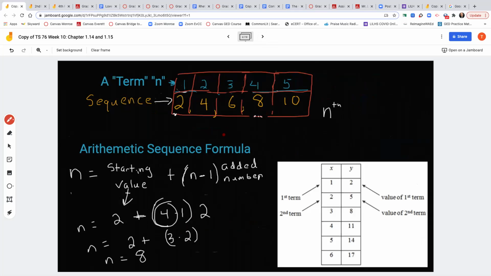Give you a few moments to copy down what you see on the screen here, especially the idea of this n term. The key concept on this page is this thing called n, what term we're talking about.